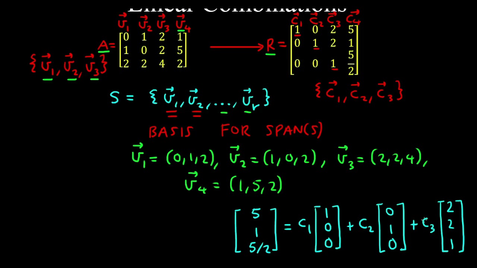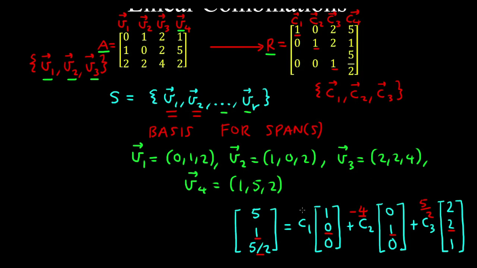So we can see that C3 must be equal to 5 on 2, because we have 0 plus 0 plus 5 on 2 is 5 on 2. And C2 must be equal to minus 4, because we have 5 on 2 by 2, which is 5, minus 4 by 1 plus 0 is equal to 1.